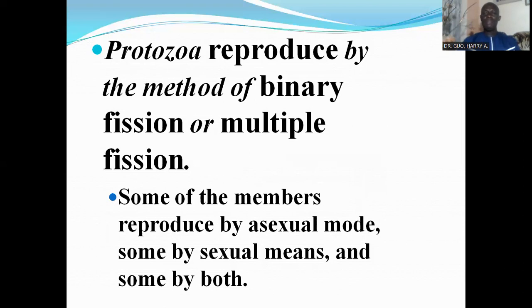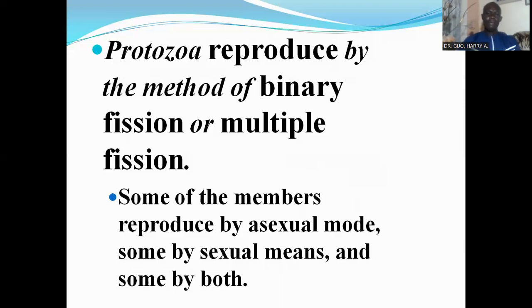Binary fission basically means when an organism duplicates its genetic material and eventually splits into two daughter cells that grow to become adult cells. Multiple fission is when the organism splits into more than two cells.